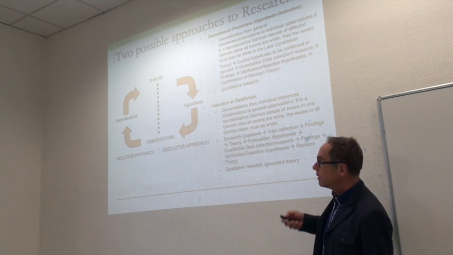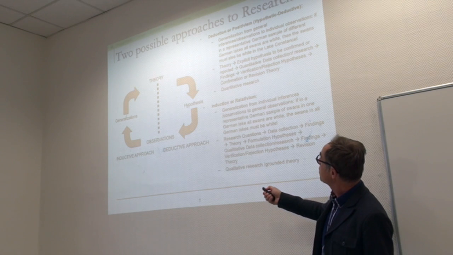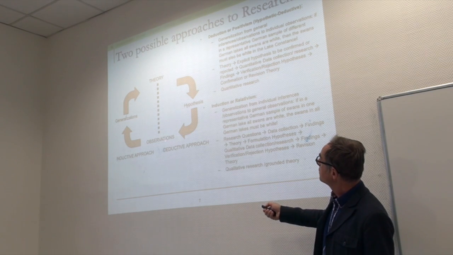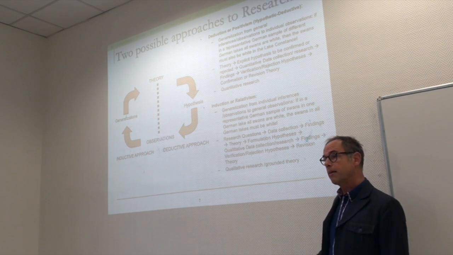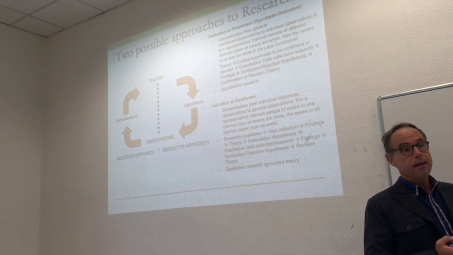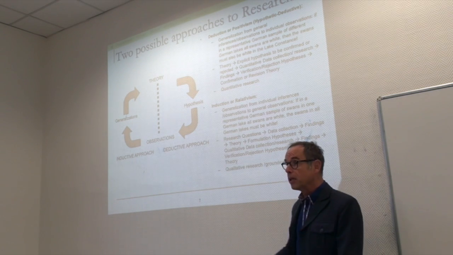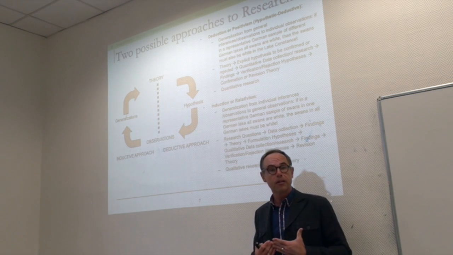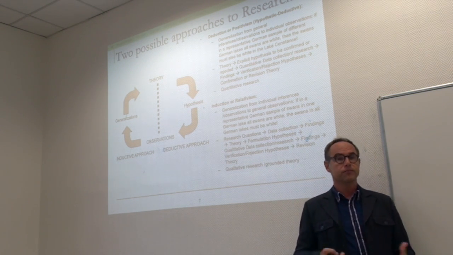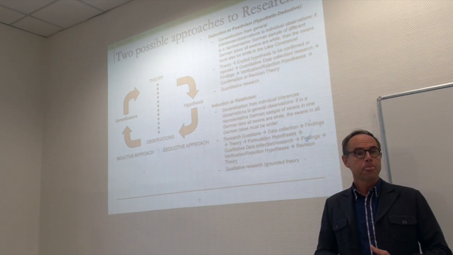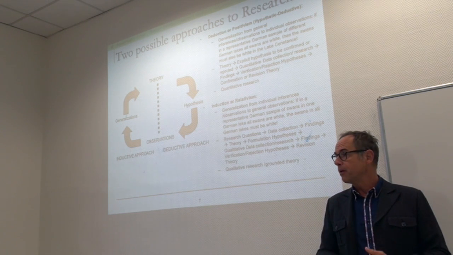So in summary, in a deductive approach, theory comes first and is tested. In an inductive approach, research comes first in order to establish theory. Most PhDs today are done with both. Generally, students start with the qualitative research, and even we as confirmed researchers often start with a qualitative design in order to have a first idea about the topic.